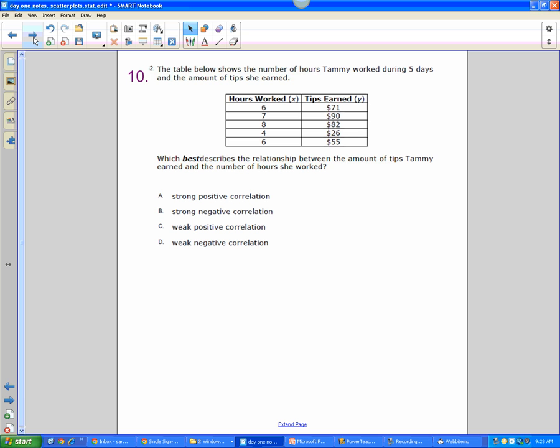So when it says relationship or correlation, you're looking at R.